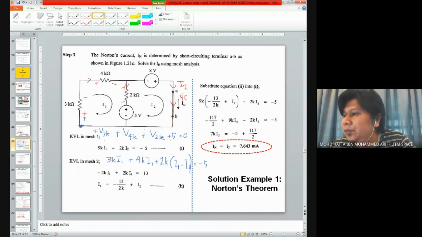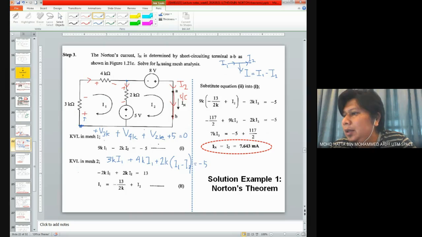I put this 5 volts across, and this current I1 minus I2, where do I get it? From this junction. According to that junction, I have current I1 over here, and I have current I2 flowing that way, and I need to find the current over here. I is given by I1 minus I2, and this I contributes to the voltage drop across this 2 kilo ohm resistor.